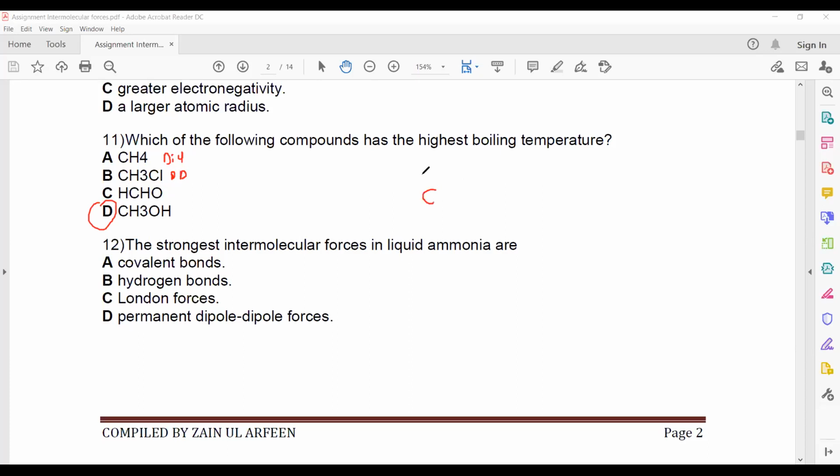Methanol, what is the methanol? C bonded with O and H is there. Methanol molecules can form hydrogen bonds, because to form a hydrogen bond, hydrogen must be directly attached to oxygen, nitrogen or fluorine.